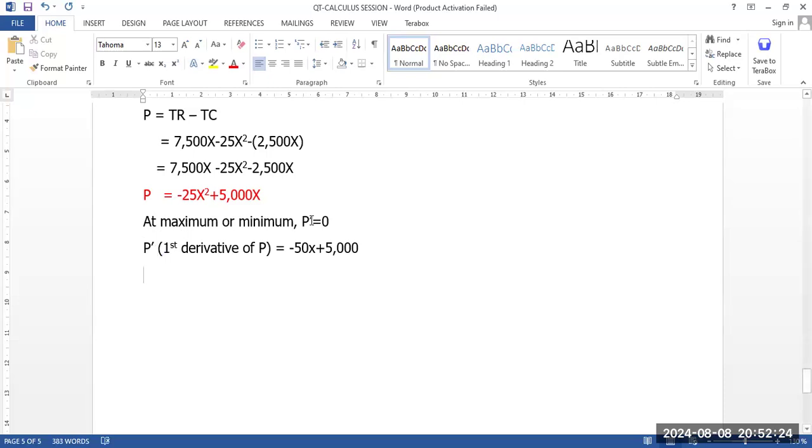But we are saying at maximum or minimum, the first derivative is equal to 0. So we equate it to 0. So this will be negative 50x equals negative 5,000. And what will be your value of x?